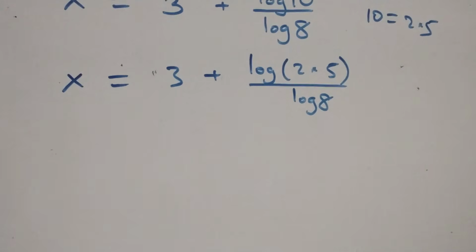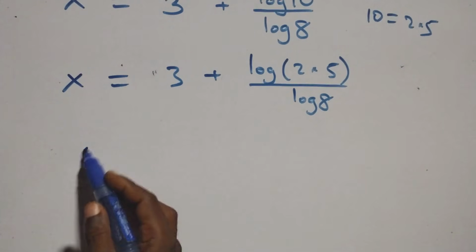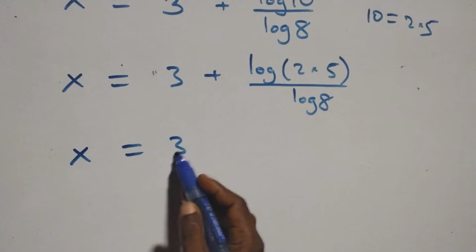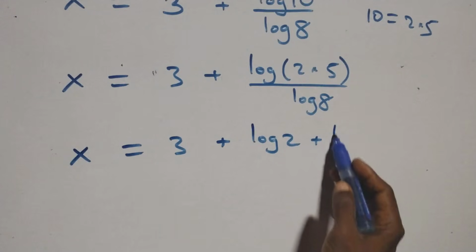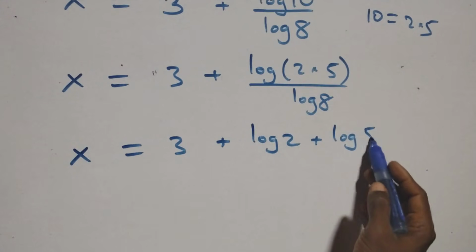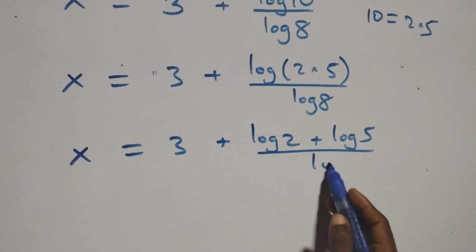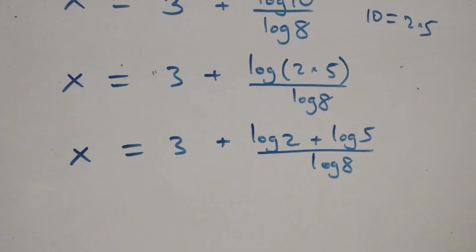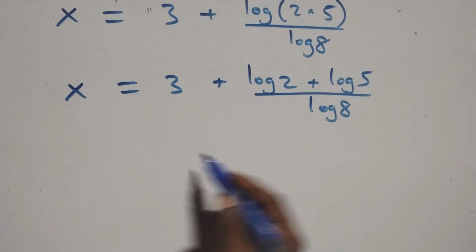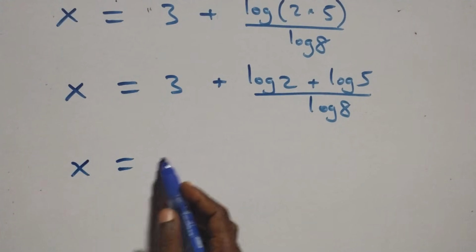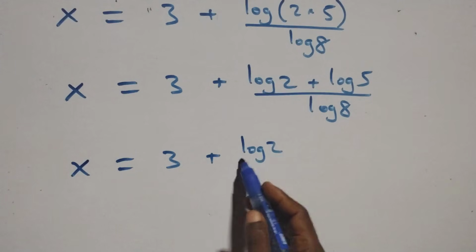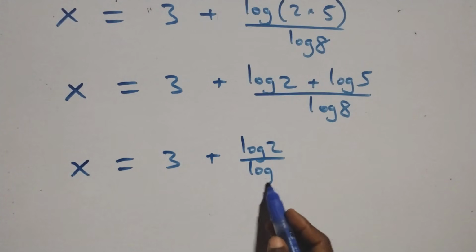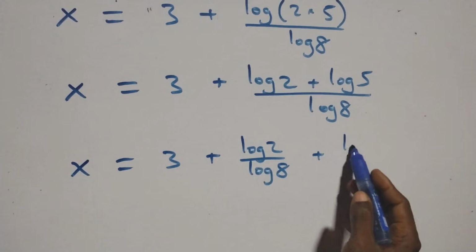This follows the law of logarithm, and we have x equals 3 plus log 2 plus log 5 over log 8. Then we separate these into two fractions and we have x equals 3 plus log 2 over log 8 plus log 5 over log 8.